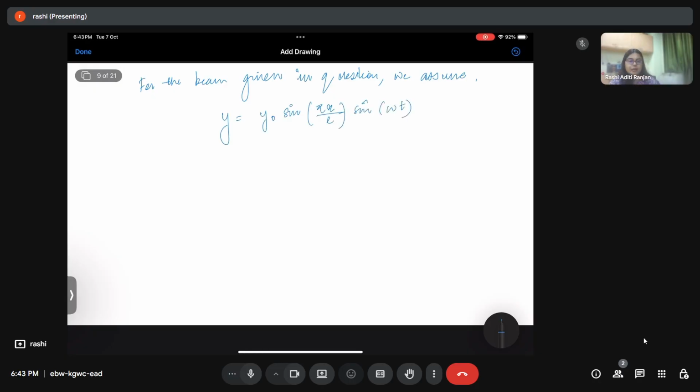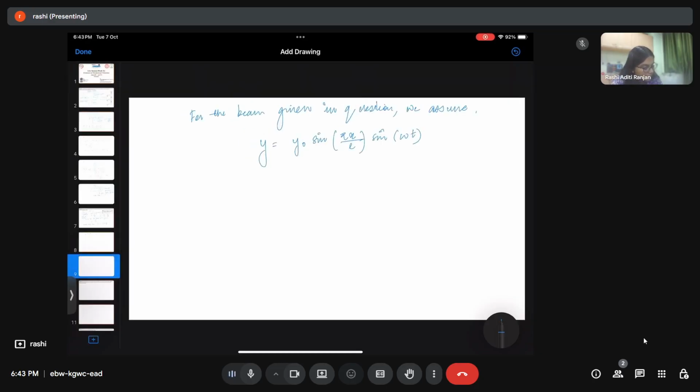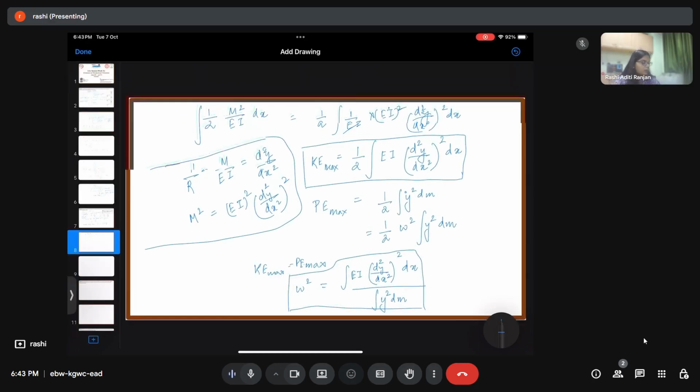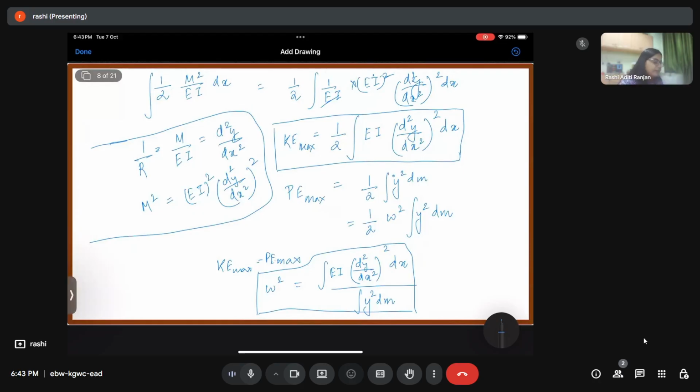Now for the equation that we got over here, we need y and then we need to integrate it with respect to x, right? From that, we are going to get the equation for omega square. That is what we have to do. For that, we need to have a y.